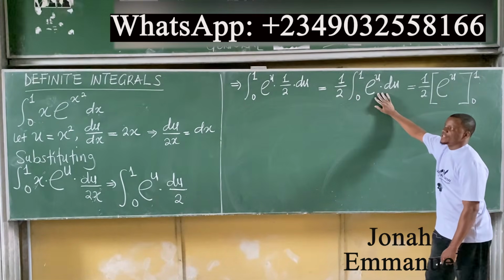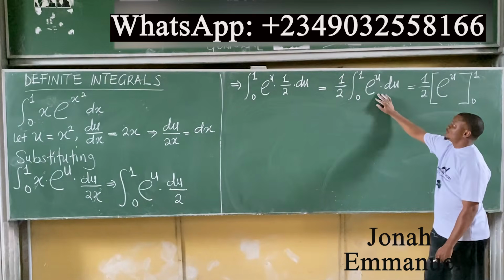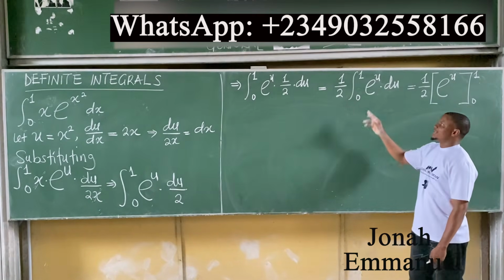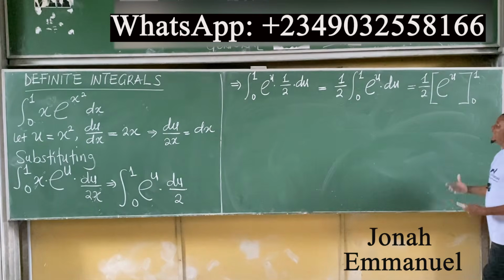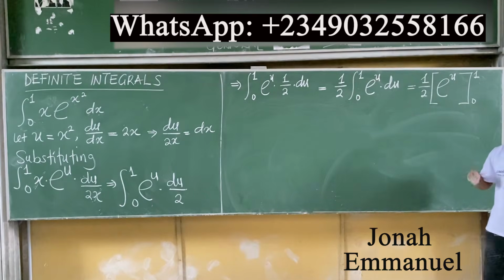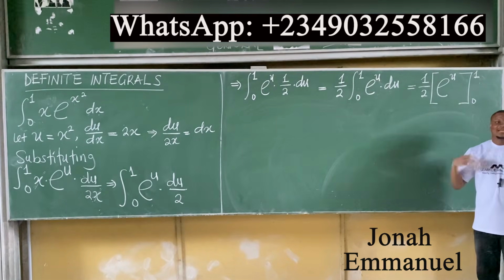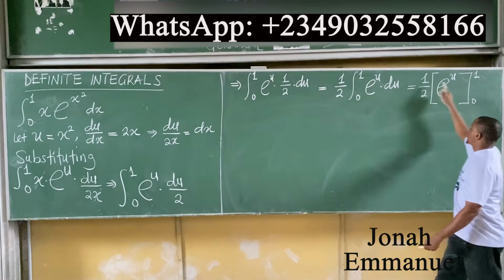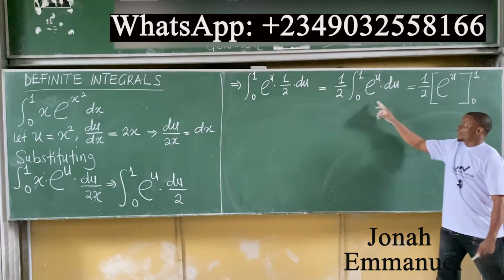How do you work on definite integrals? The task is simple. Just find a way to integrate exponential u du. If I integrate exponential u, I will have exponential u. Why do I have this square bracket? That is how you evaluate definite integrals. For definite integrals, this one goes up here and this one comes down here.